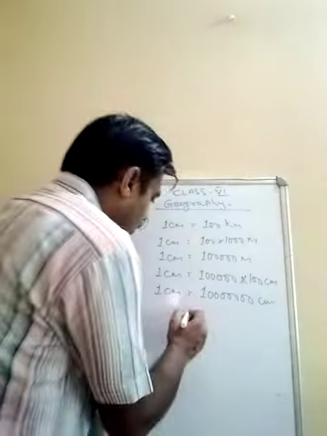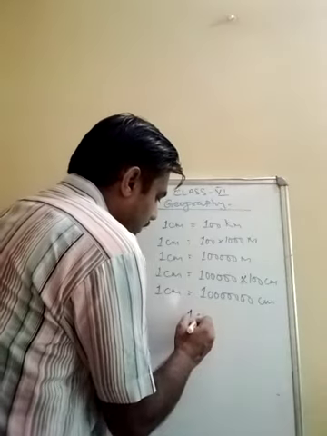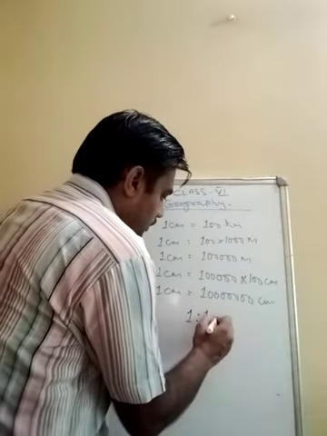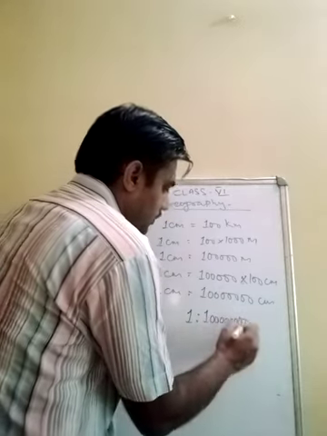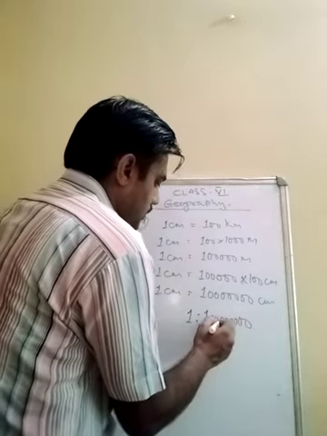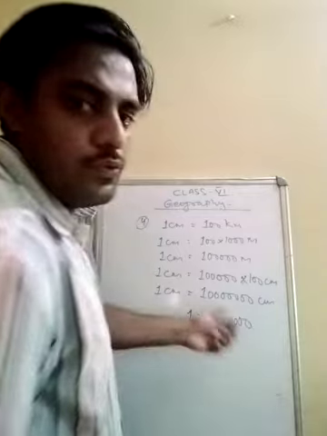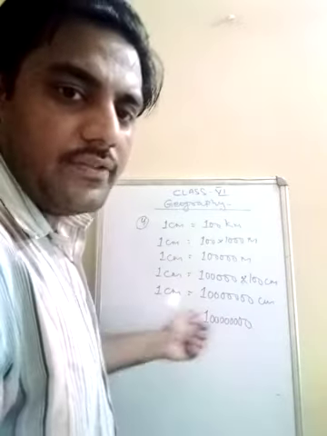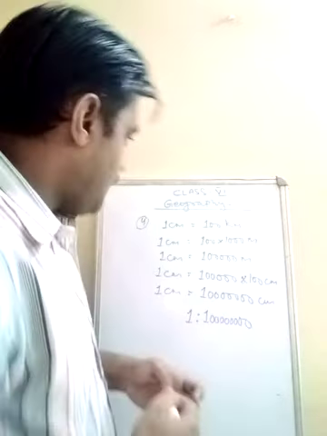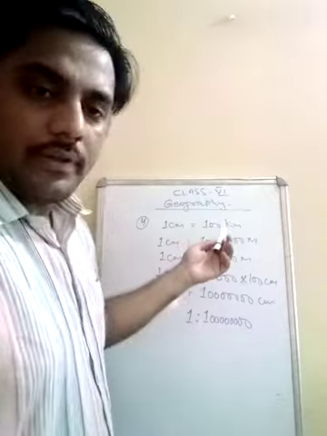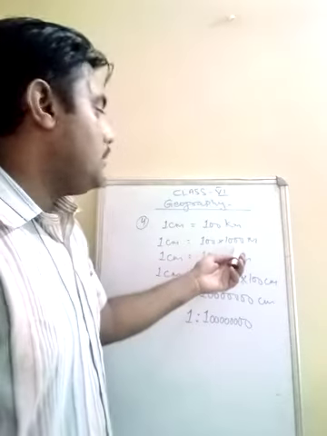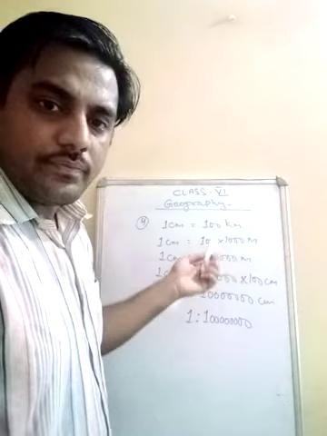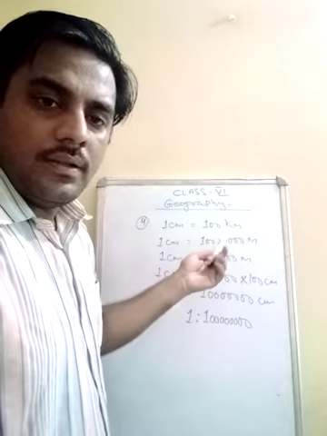What you are getting here? 1 is to 10 crore. Once again, I'll repeat it for you. See, 1 centimeter equals 100 kilometers. So first we convert 100 kilometer into meter. For that, we multiply it by 1000.